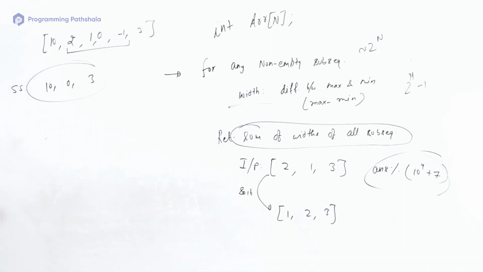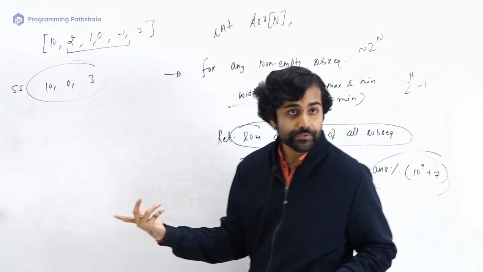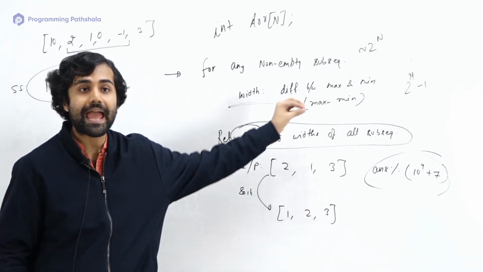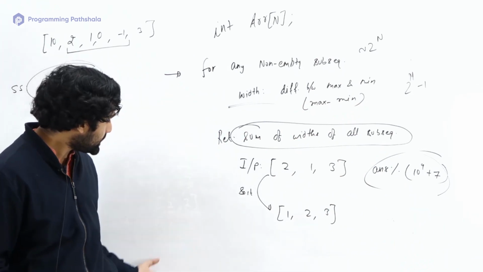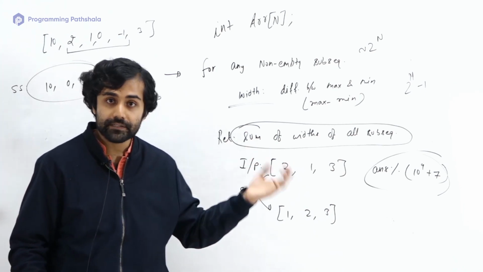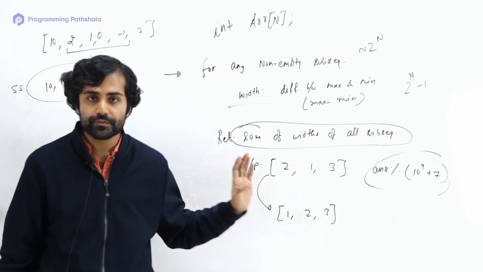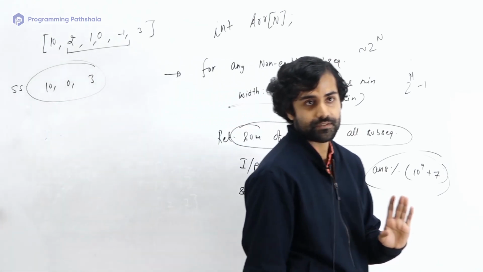Because sorting the array does not have an effect on the subsequences that you generate. See, you did not change an element, you did not add an extra element, you did not delete an existing element. So those combinations that were written over here will be the same, and because those will be the same, the corresponding widths would also be the same. So this is the most important part over here, that if you sort the array, the answer is not going to change, right?